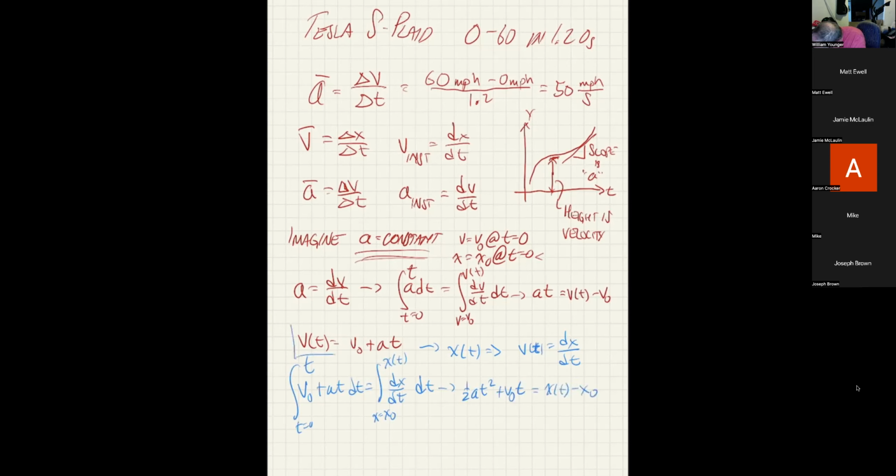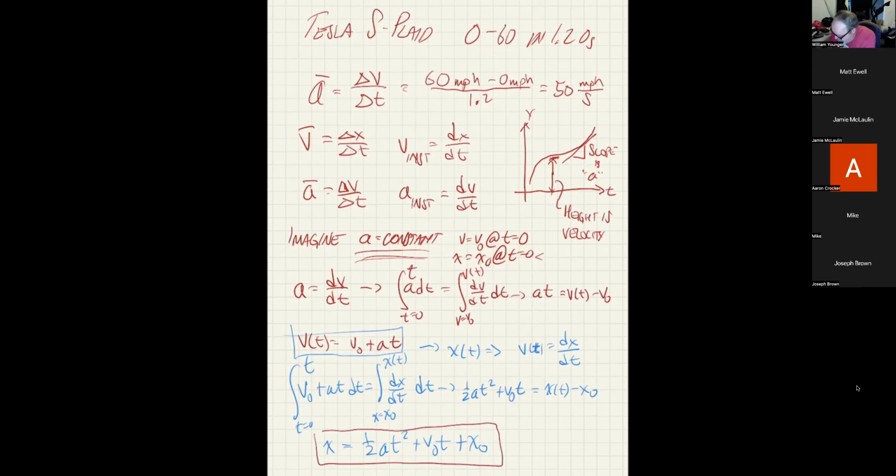So here I have x is equal to 1/2 at squared plus v0t plus x0. And that's another one of our super valuable kinematic equations.